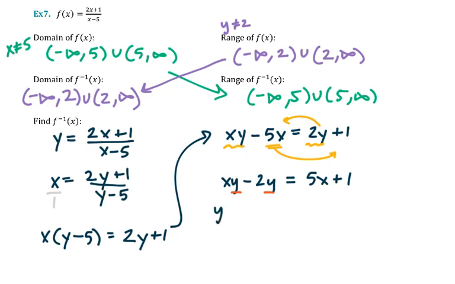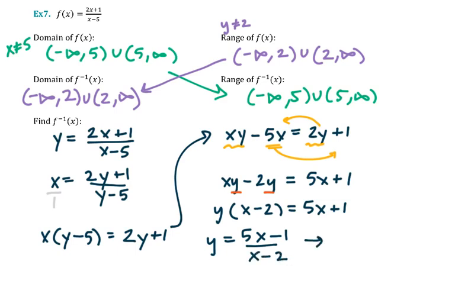So I have y, and that leaves me with x minus 2 equals 5x plus 1. And now, if I divide, I can isolate that y value. So y equals 5x minus 1 over x minus 2. And cleaning up our final notation here, f inverse of x equals 5x minus 1 over x minus 2.